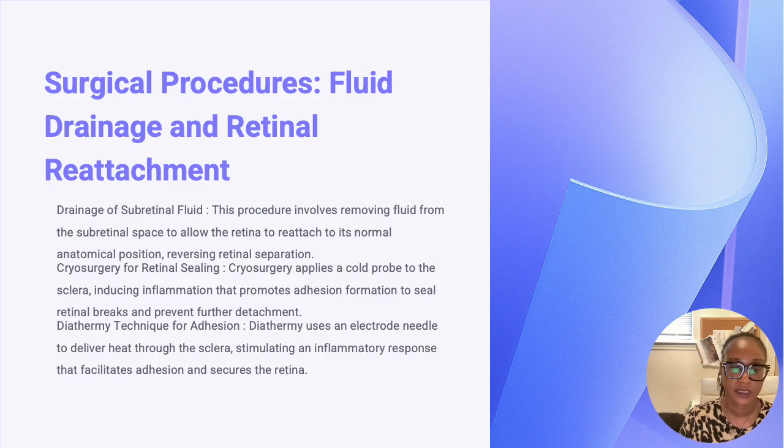Cryosurgery for retinal sealing: cryosurgery applies a cold probe to the sclera, inducing inflammation that promotes adhesion formation to seal the retinal break and prevent further detachment. And then diathermy technique for adhesion: diathermy uses an electrode needle to deliver heat through the sclera, stimulating an inflammatory response that facilitates adhesion and secures the retina.